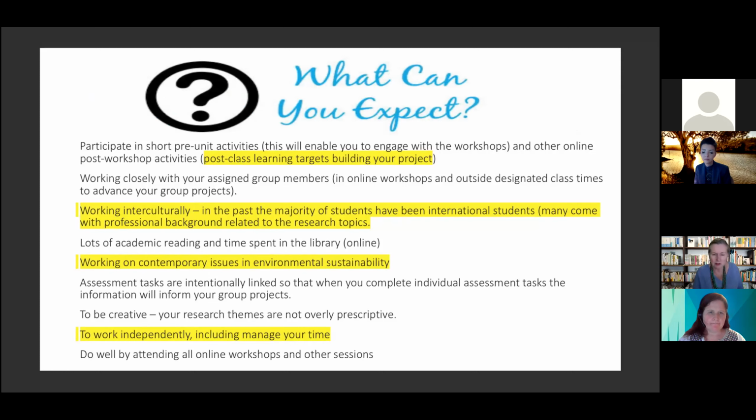This unit relies very much on you working independently and managing your time. Typically you'll be working interculturally with other students in a group, on contemporary issues in environmental sustainability.